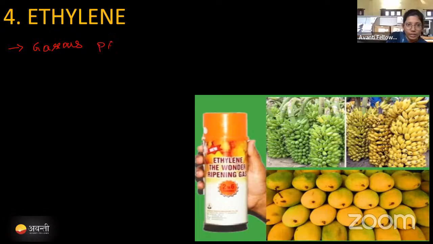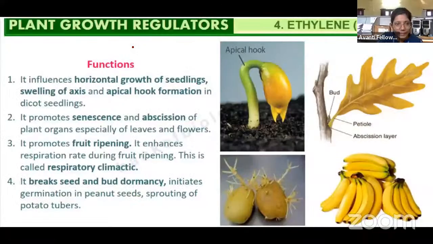Now let us see the functions of ethylene. One, it influences the horizontal growth of a seedling on the ground. Then it promotes senescence and abscission. Senescence means aging. Abscission is leaf fall or fruit fall, anything.